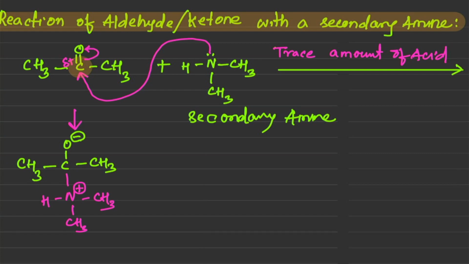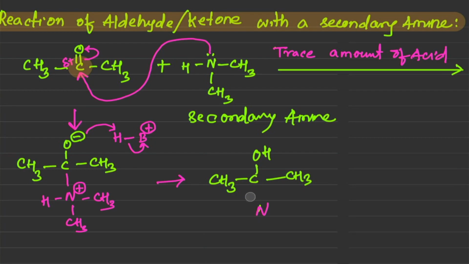This is where the slightly acidic proton comes into play. When you have an O negative ion, it will immediately get neutralized by whatever proton is available. We have some acidic proton present. Again, it's not a lot of proton, just enough to protonate this. So we get CH3, C, OH, CH3, and the NH with CH3, CH3.